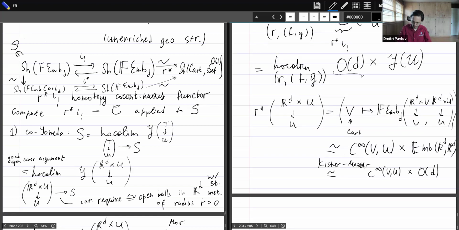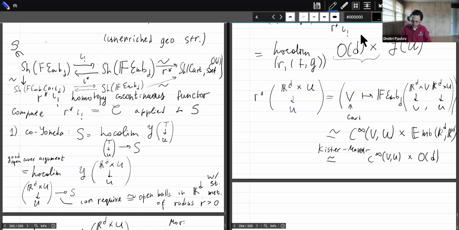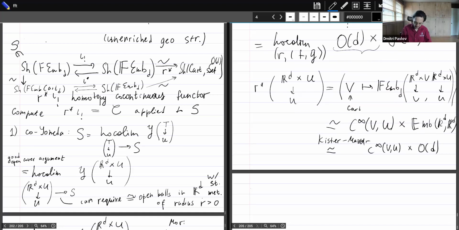So this is a product with a fixed simplicial set. And such an operation is a homotopy co-continuous operation. So I can say this is OD times the homotopy co-limit of this.